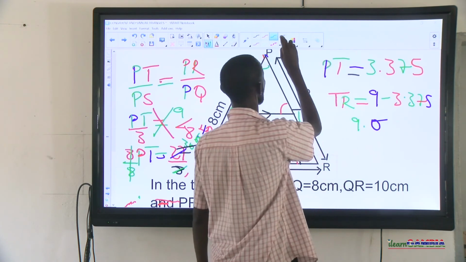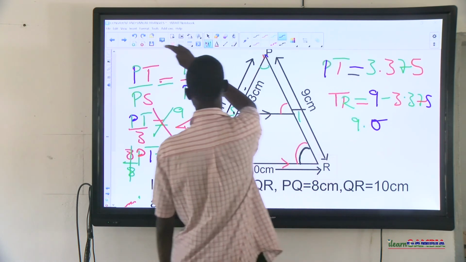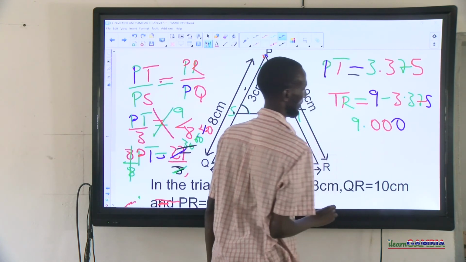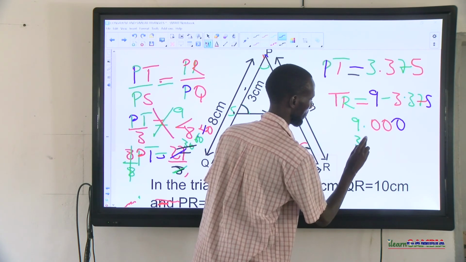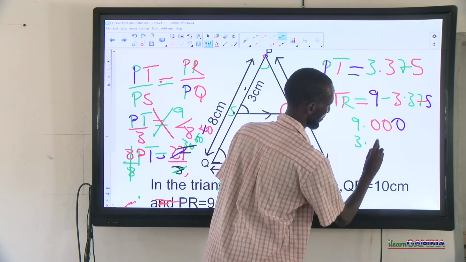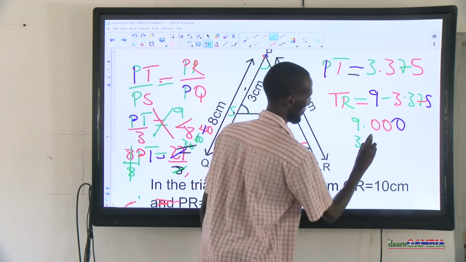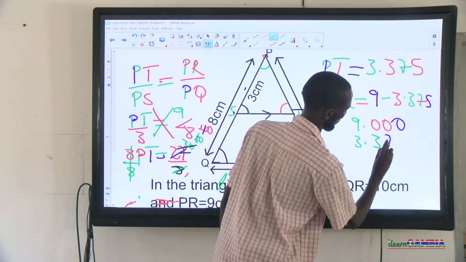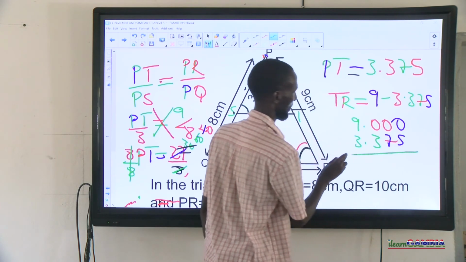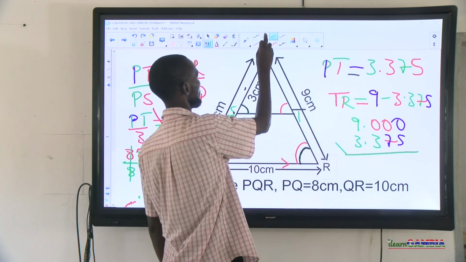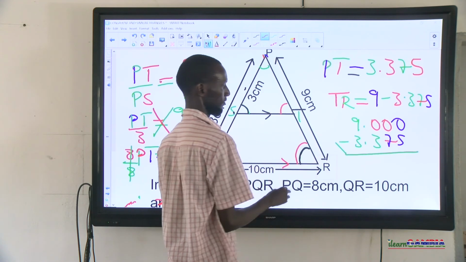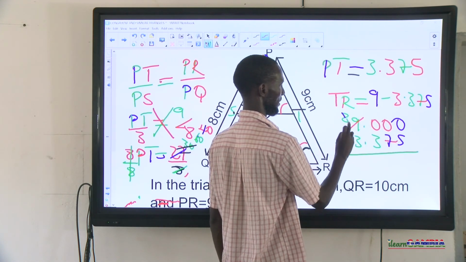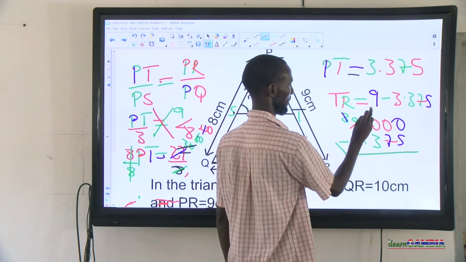9.000 for easy subtraction. And then subtract 3.375, and then just subtract this. Quickly, you cannot take 5 from 0, so we borrow from this 9, and that becomes 8. Here you borrow, becomes 9.